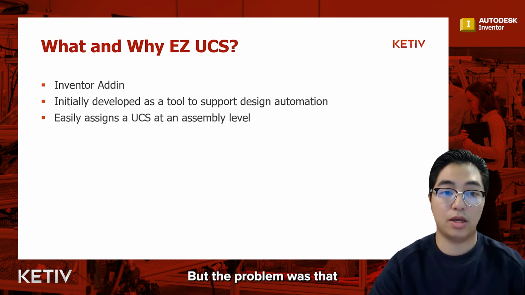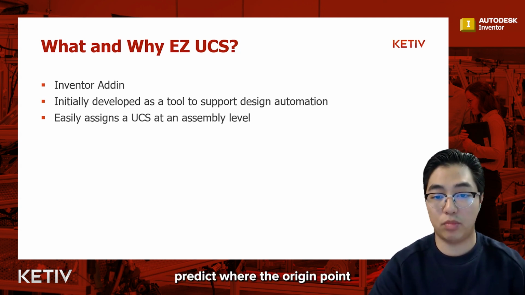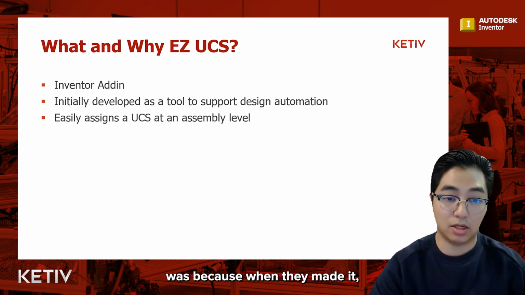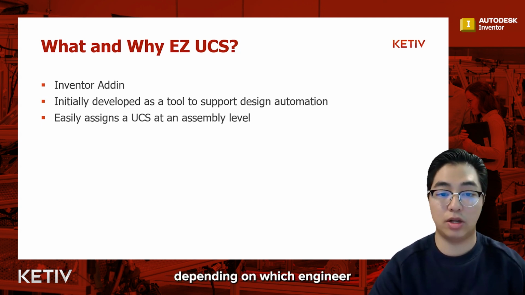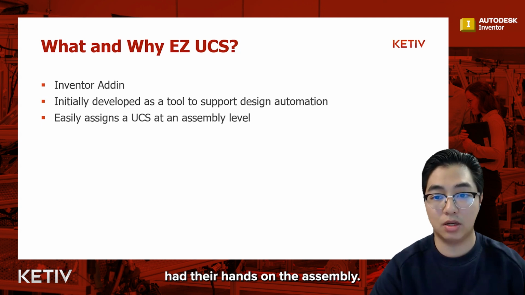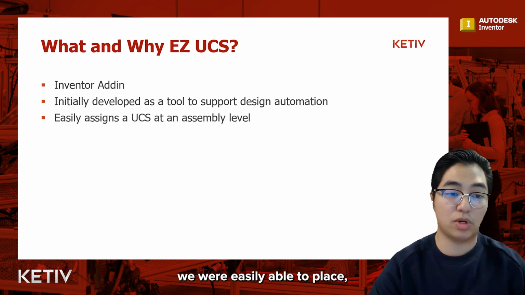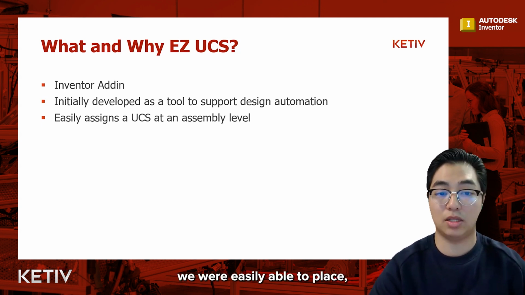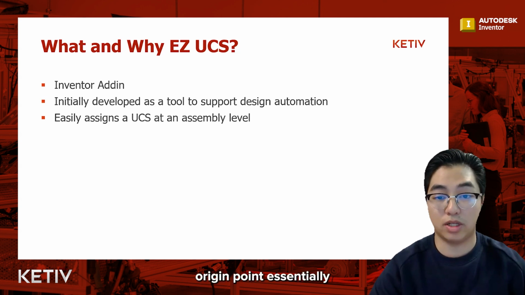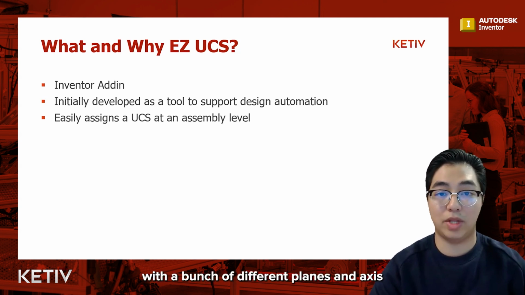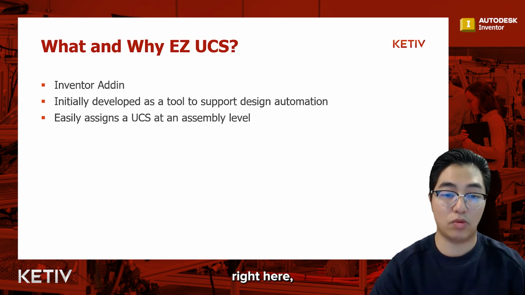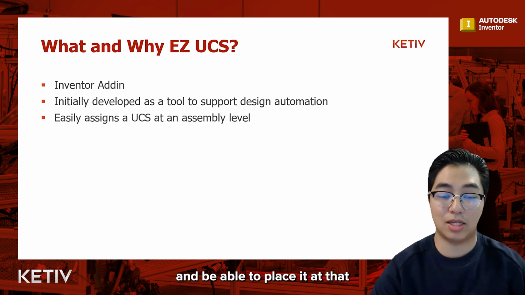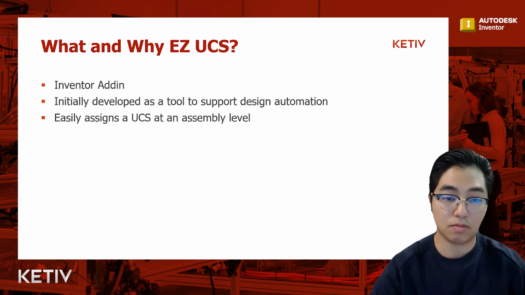But the problem was that we couldn't predict where the origin point was because when they made it, it was always in a different place every single time, depending on which engineer had their hands on the assembly. So with Easy UCS, we were easily able to place an origin point essentially with a bunch of different planes and axes. So we can say, hey, at this point right here, we want to pick it up and be able to place it at that same point every single time.